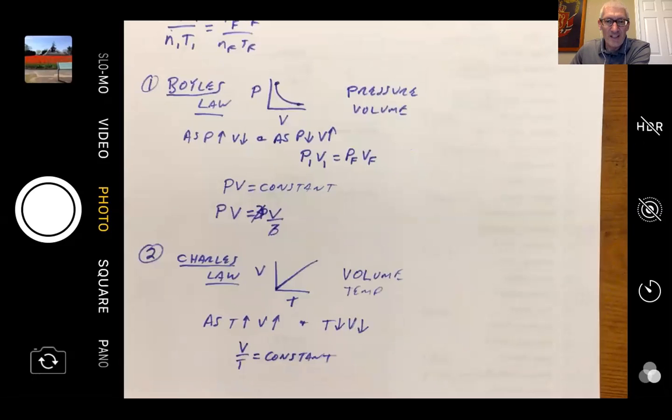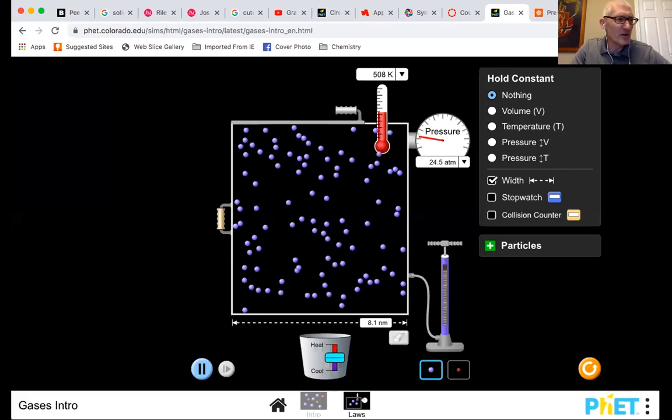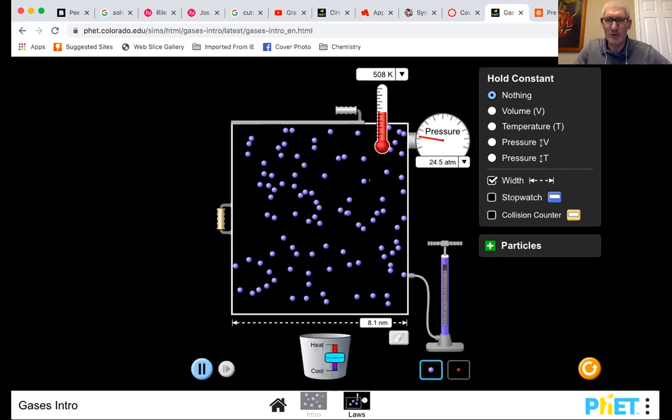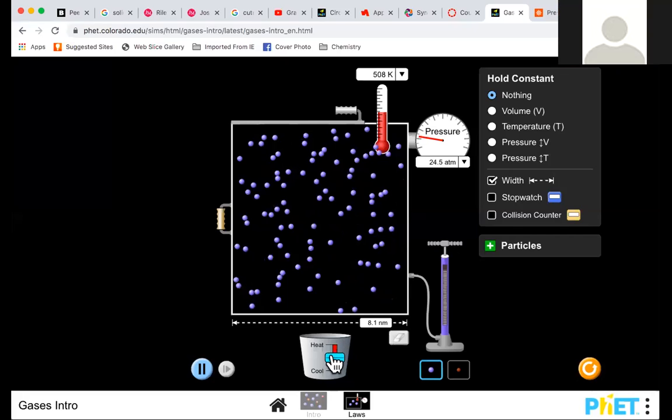So hopefully this kind of makes sense, and I want to show this to you guys on the simulation. So if I go back over to here, what we're looking for here is if I change up, oops, sorry, forgot to click the share button. Jack, can you tell me, are you looking at the gases again, the molecules bouncing around? Yeah. Okay, cool.